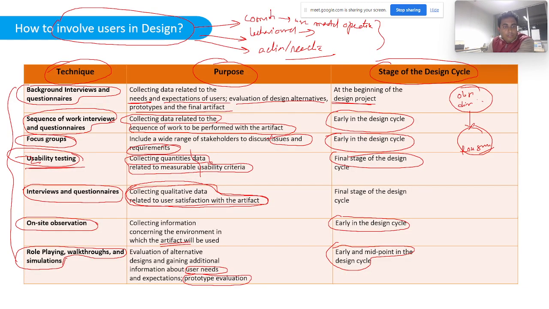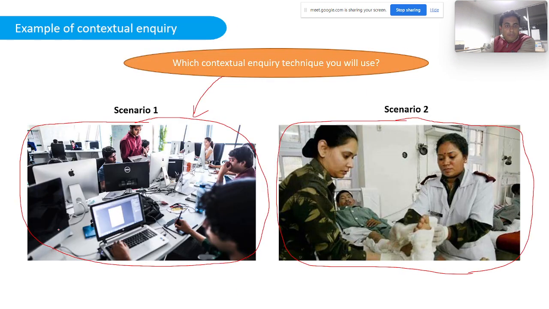your on-site observation technique. Then you will get the opportunity to meet one of the personnel whom you have targeted, get an appointment from him, and try to interview him.